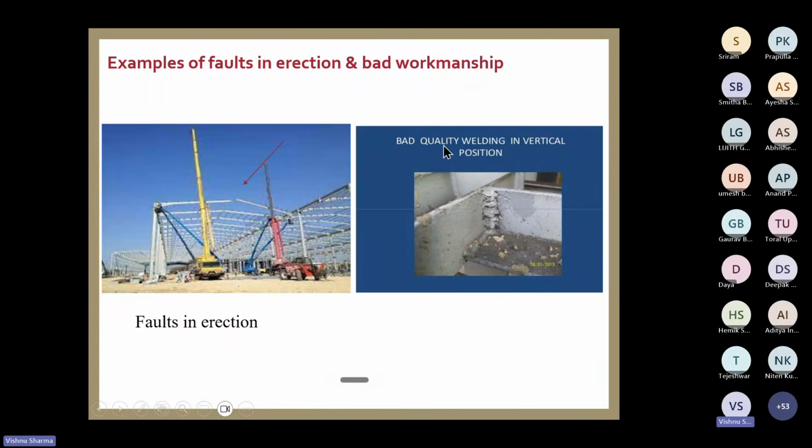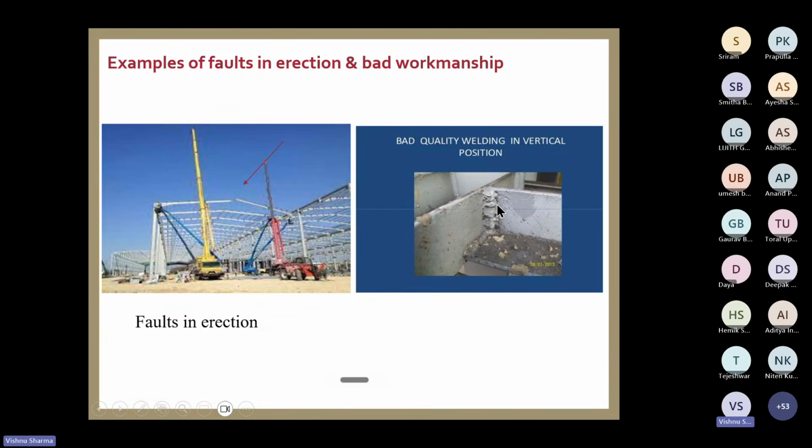Another is bad workmanship. See the quality of welding. It has been done, this is badly executed. So it may lead to losses. If the loss takes place due to this bad welding quality, the plate cracks later on, during subsequent erection, loss is paid. But if the supervisor tells the worker, okay, do it again, it involves cost.